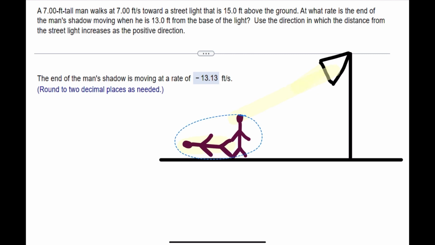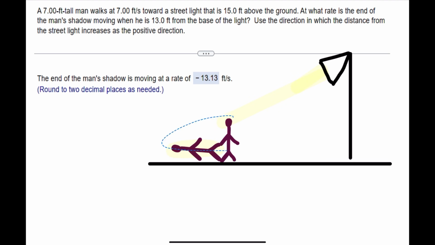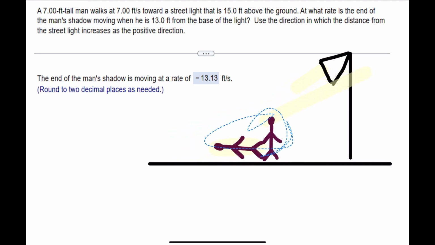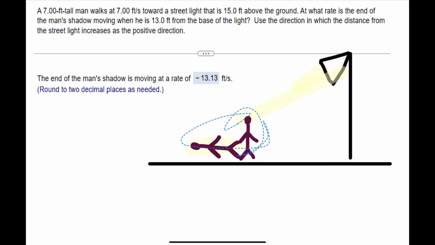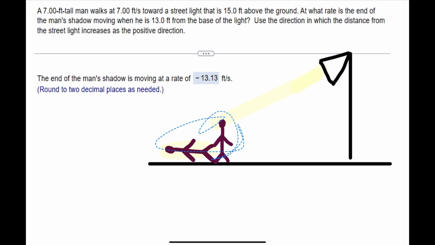So when the man is moving, the shadow also moves. As you can see, the man moves, the shadow moves with the man. So what they're asking me here is, if the man is moving towards this direction, at what rate is the shadow moving?